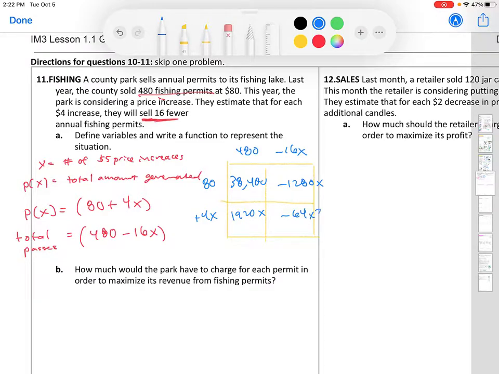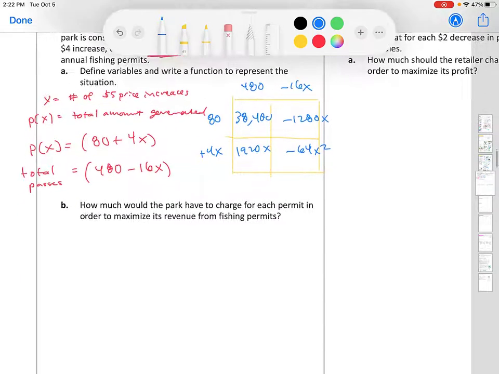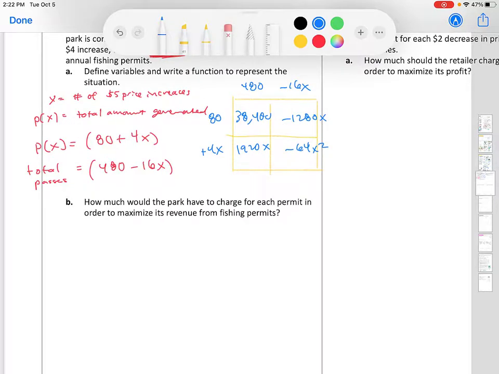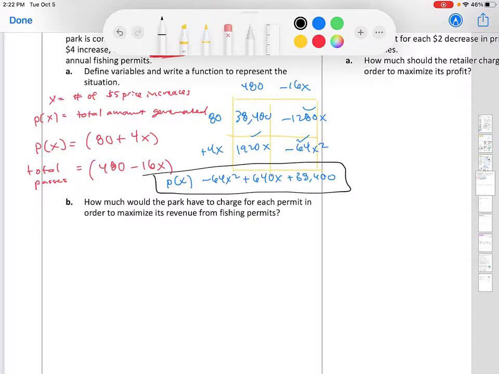Negative 64x squared. Subtract those, so 1920 minus 1280 gives me 640 plus 38,400. And that's my function.